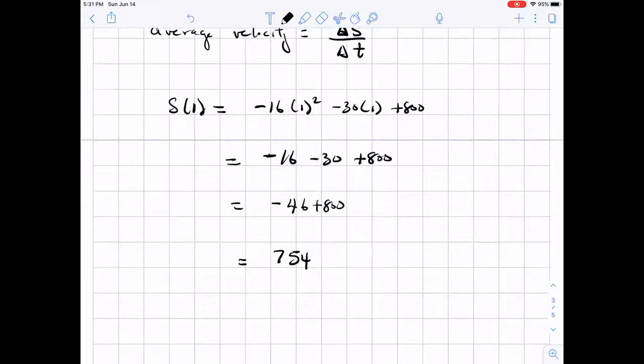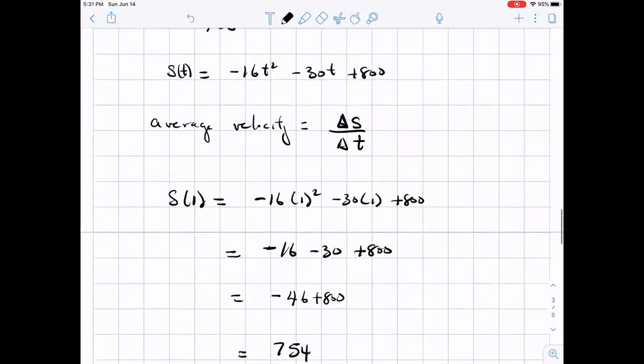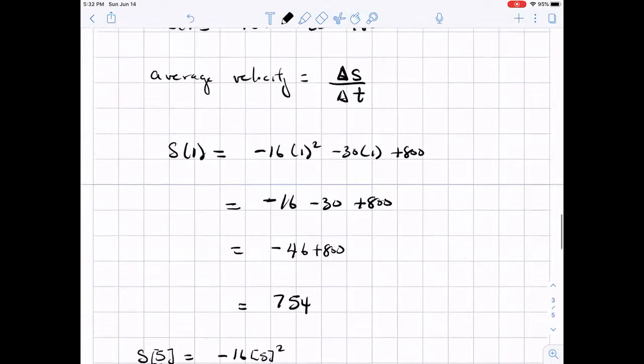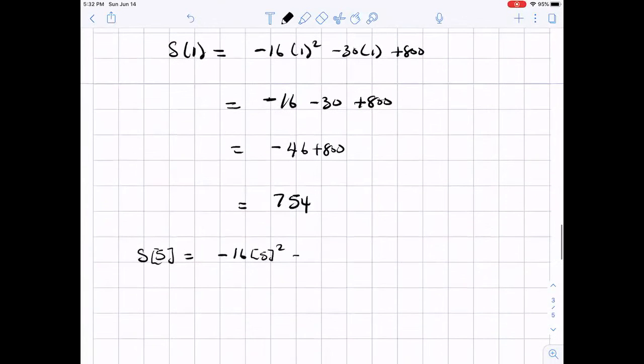Now what is s of 5? Our interval is 5, after 5 seconds. So after 5, we have minus 16 times 5 squared, right? We're using the position function. Minus 30 times 5 plus 800. So this becomes minus 16 times 25 minus 30 times 5 plus 800.